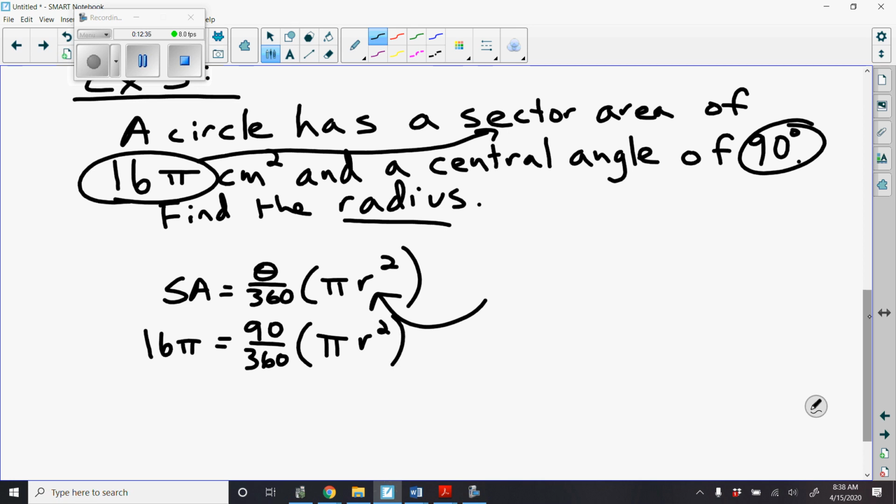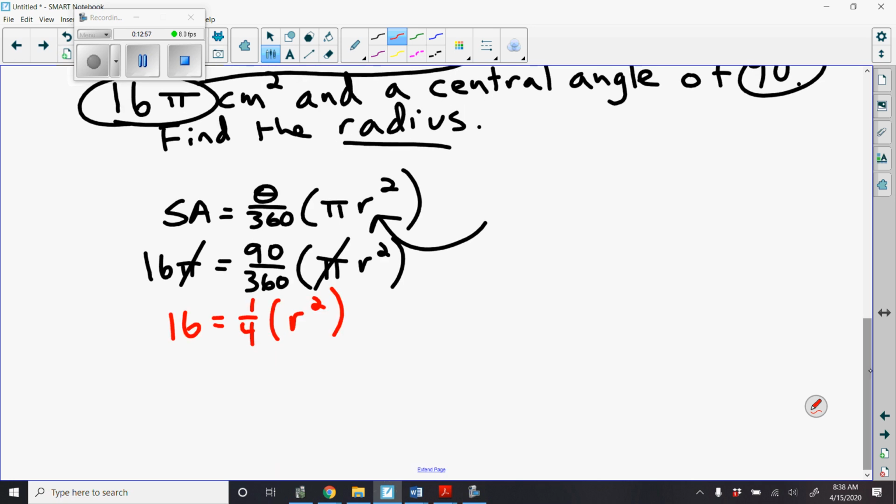Okay. First thing I'm going to do here is get rid of those pi's. I have a pi on both sides. Okay. 90 over 360, I know is 1/4. So I'm going to have 16 equals 1/4 r squared. And I want to get r. I want to figure out what r is. So I want to get rid of this fraction.